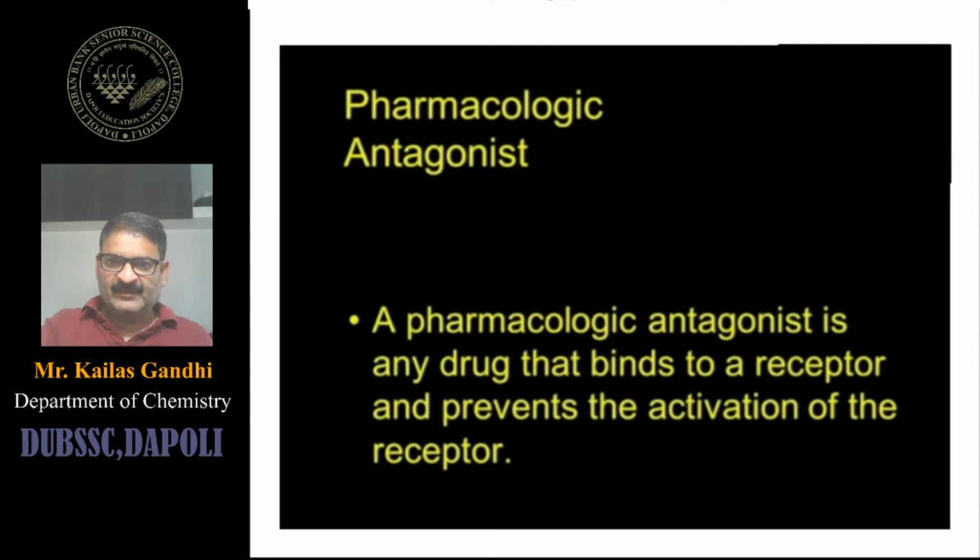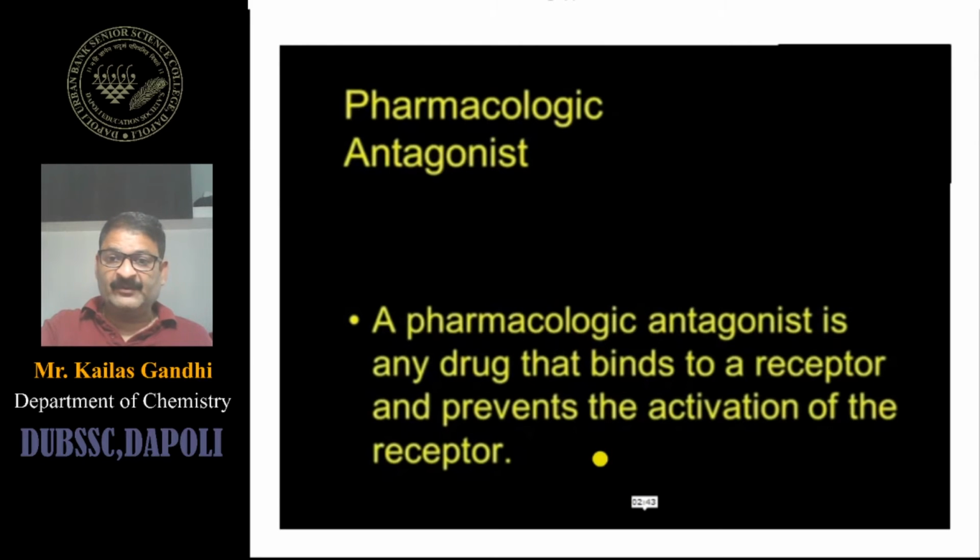Next, what we are talking about is the antagonist, which gives a completely contrasting type of action. The antagonist is something that, when it binds to the receptor, prevents the activation of the receptor. Okay.